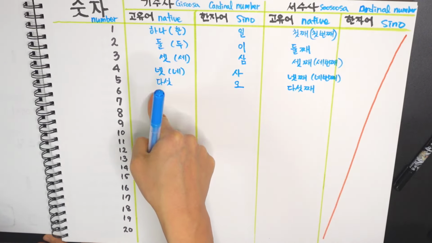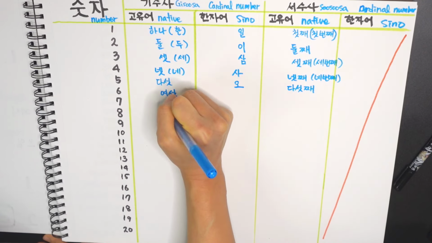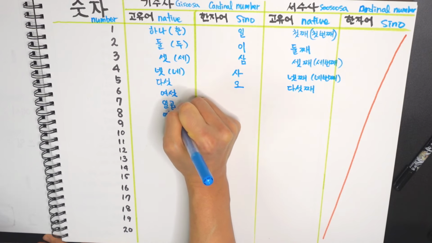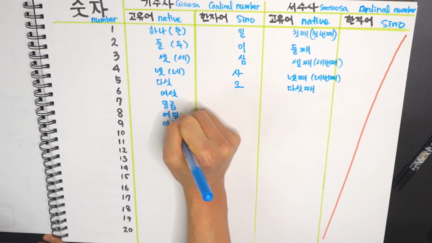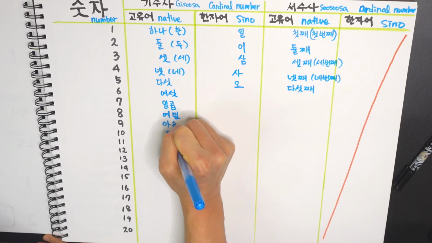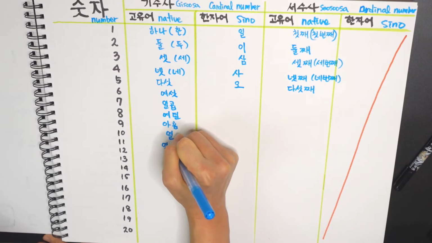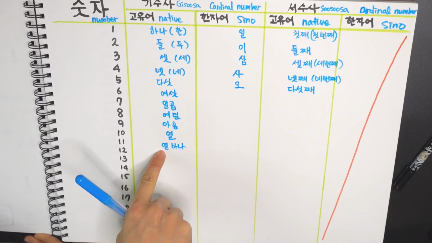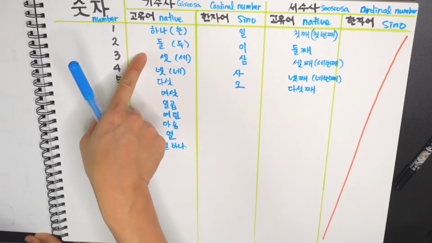Okay. And number 6, we have 여섯. And 일곱. And 여덟. And we have 아홉. And we have 열. And 열 하나. So after 10, you're just using 열, which is 10, and then repeating 1, 2, 3, 4.